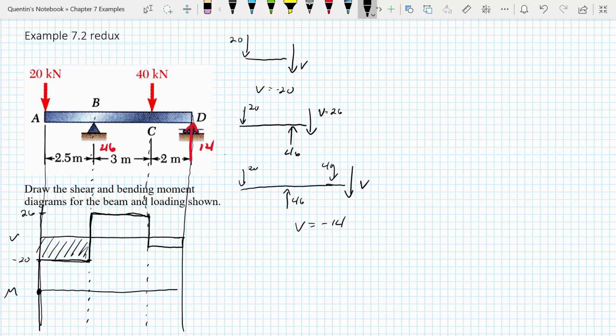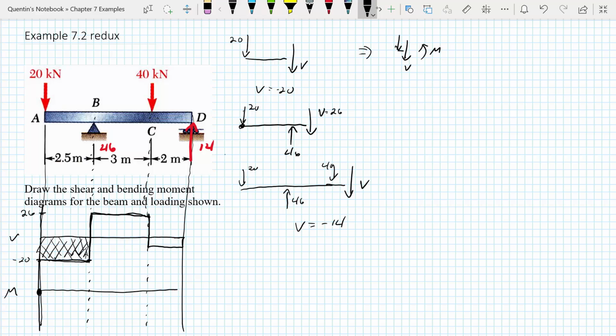The moment starts at 0 because, if we have a force here and it's cut right there, we have the V and M. There's no lever arm, so moment starts at 0. But what we're saying is that the area of this curve right here is how much the moment changes.